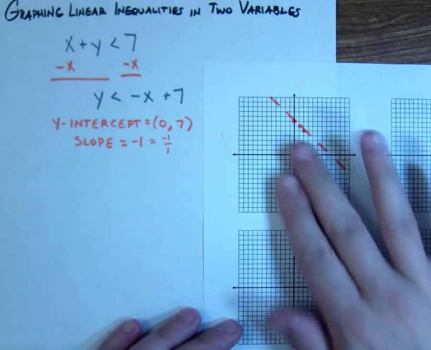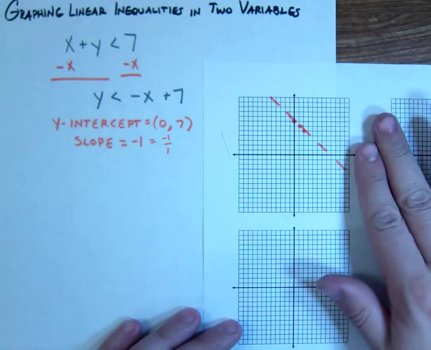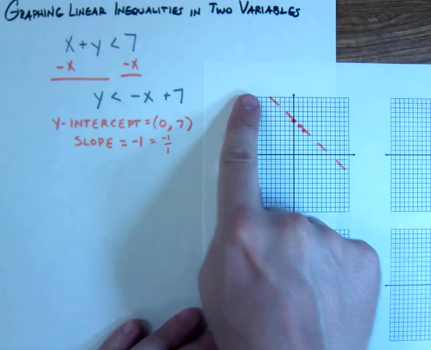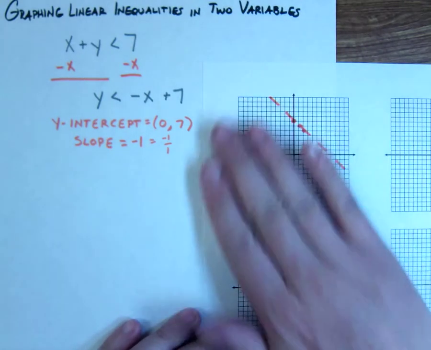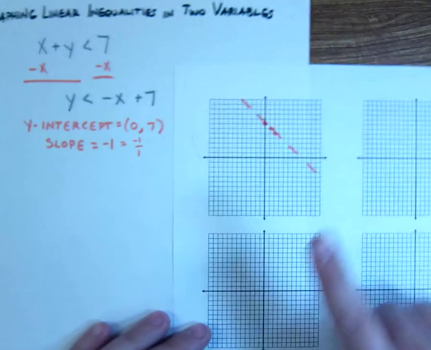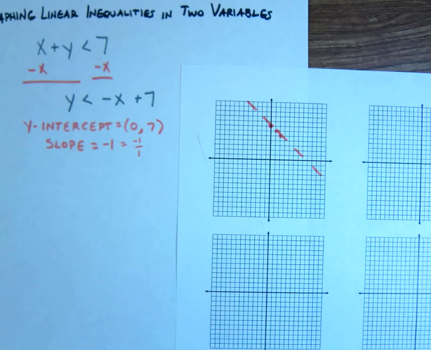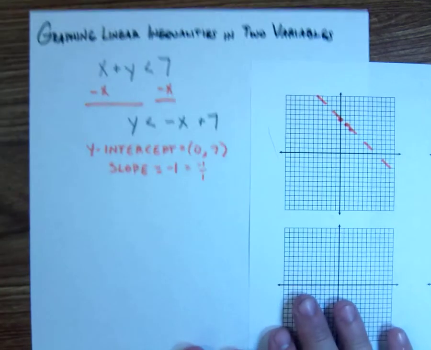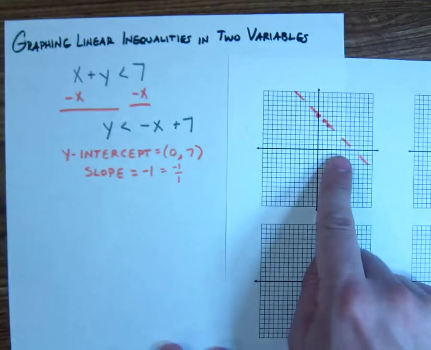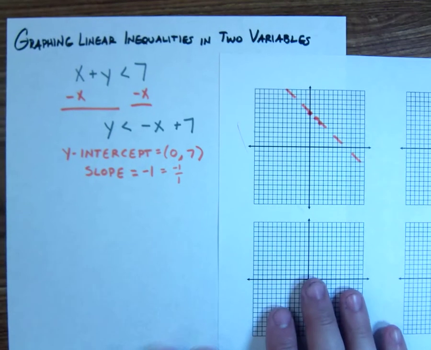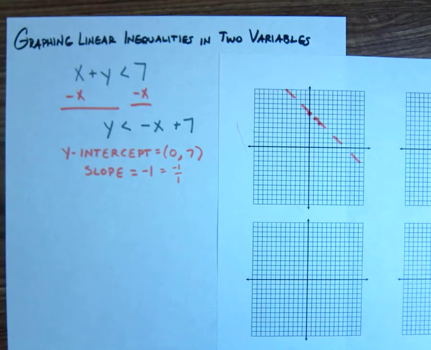Either I will color in this part below the graph or this part above the graph, because I either want to say it's everything below this line, or everything above this line. How do I know whether it's above or below the line? The answer is I pick a point on the graph that is not on this line to use as a test point. I'm going to test it with my inequality.